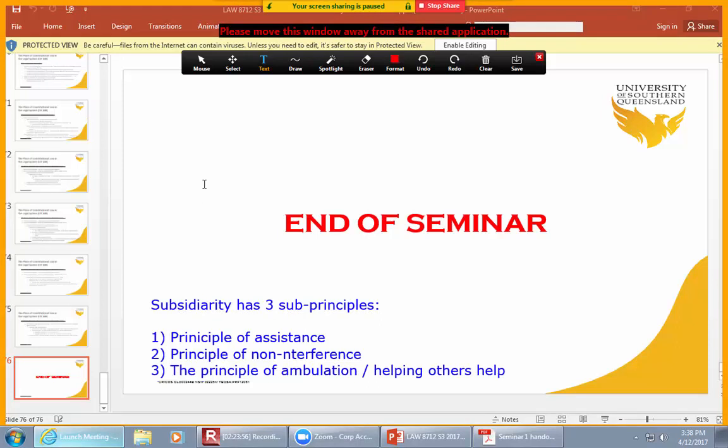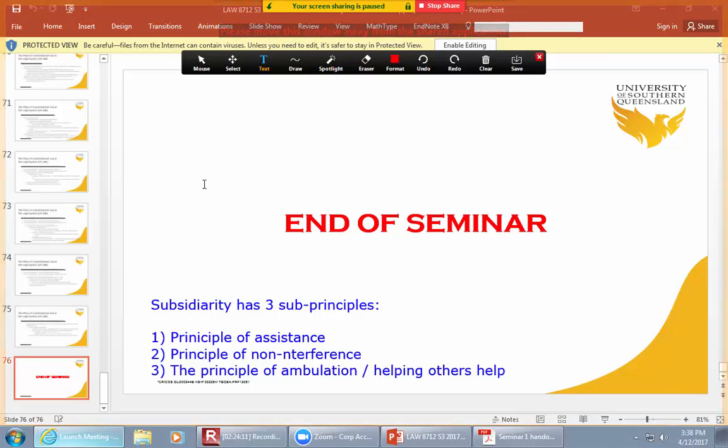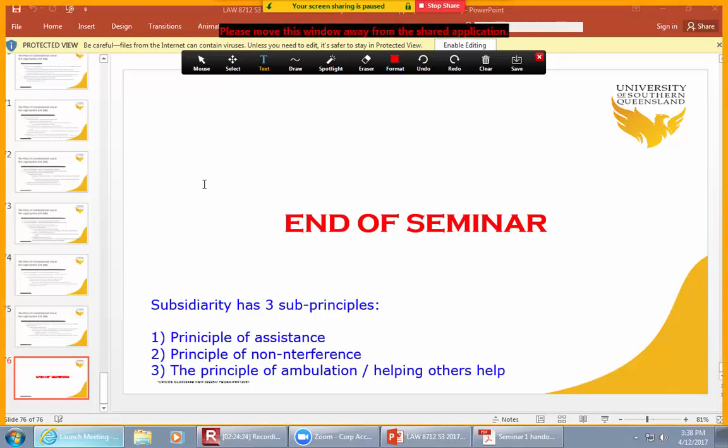The principle of assistance. What it says basically is that if I have a federal government and a state government like Queensland, then under subsidiarity, if the Queensland government needs assistance, the federal government has to step in and assist the state government. God forbid, if there's an earthquake or whatever natural disaster, then the federal government needs to enter and help the state government.